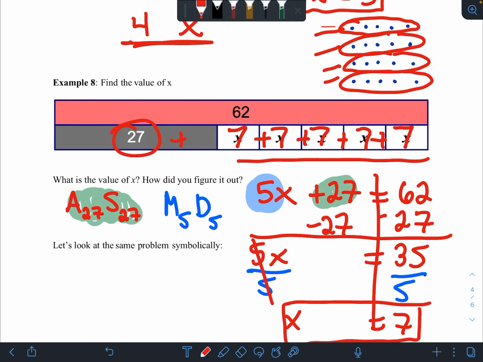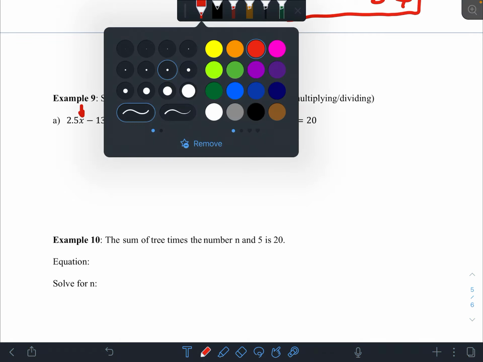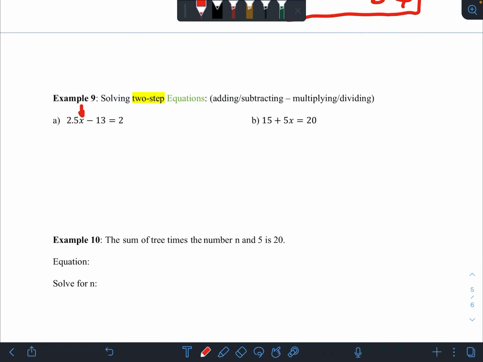So let's go ahead and try solving some two-step equations here, okay? First, when we look at this problem here, we're trying to get x by itself. Think about what has happened to x, right? We have a minus 13, so since I subtracted 13, we're going to be adding 13. I multiplied by 2.5. So since I multiplied by 2.5, I'm going to divide by 2.5. Let's undo these steps now in that order, adding and subtracting first.